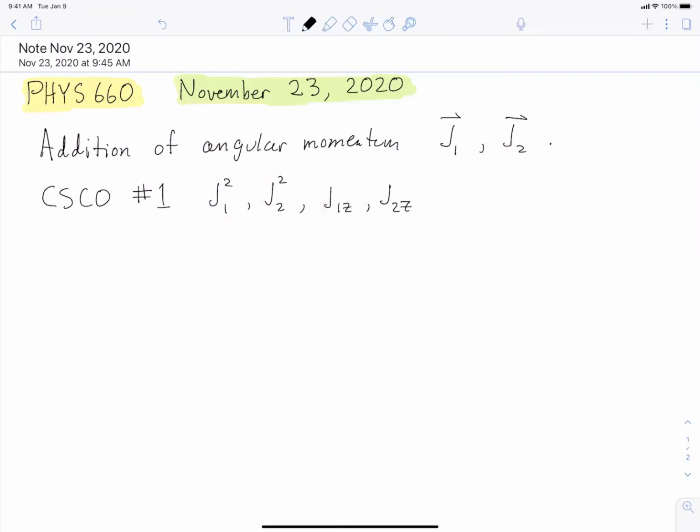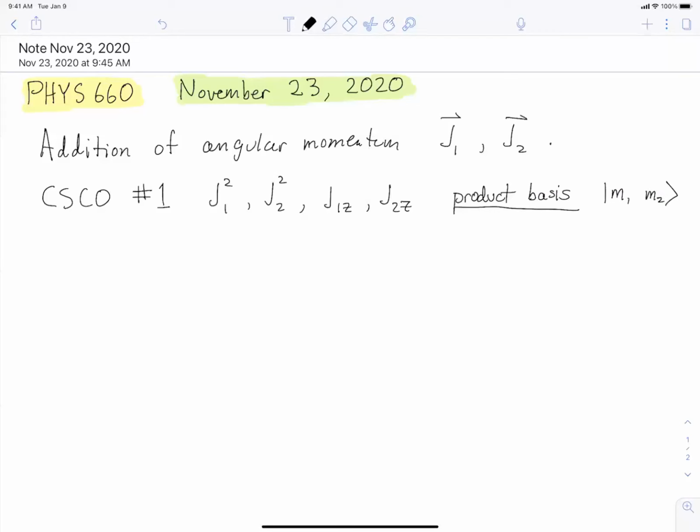And so we called that the product basis CSCO. Because they commute, we know that we can find a basis of elements that are common eigenstates of those. And we write those as M1, M2.